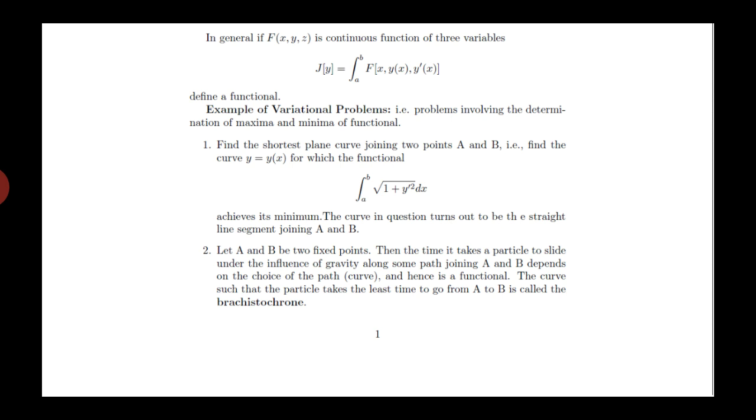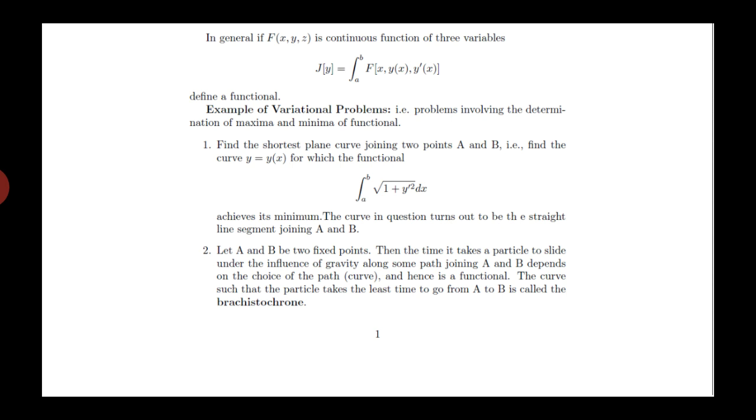We will see how to solve this problem, and there are many videos that take different methods to solve it. The brachistochrone problem was proposed by John Bernoulli in 1696 and played an important part in the development of calculus of variations.